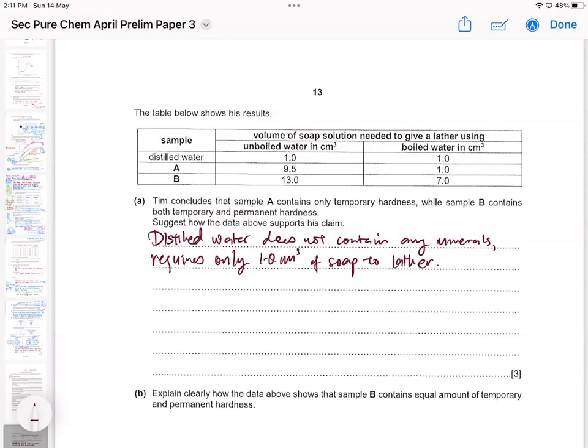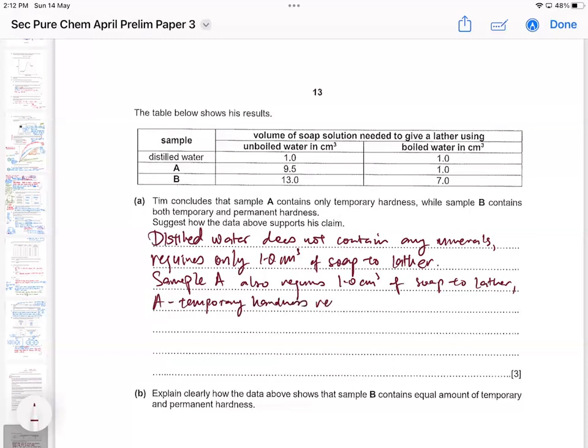Okay, so comparing against distilled water, we can see that sample A, at the same time, also requires 1.0 cm cube of soap to lather. So as a result, we can say that A must have had temporary hardness that has been removed by boiling.